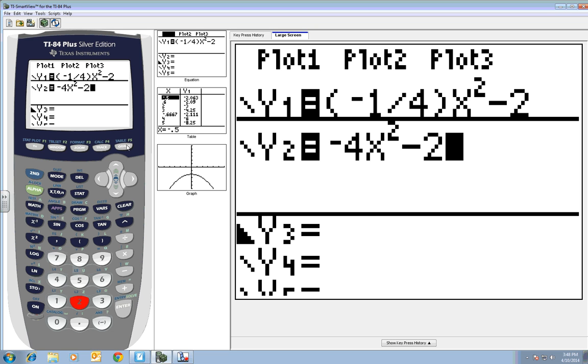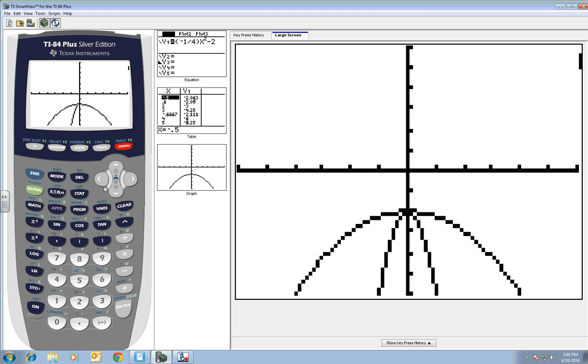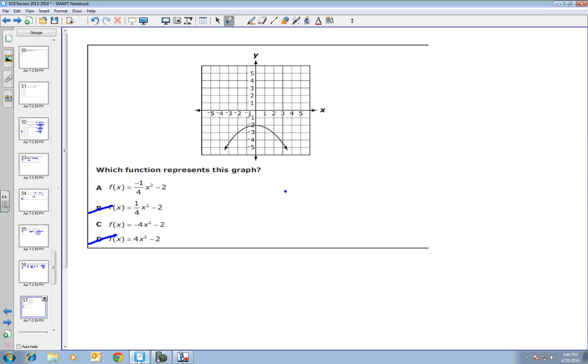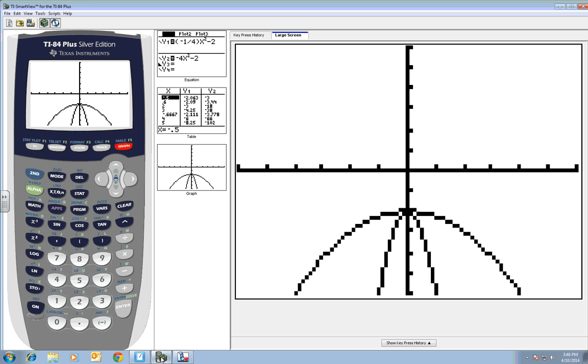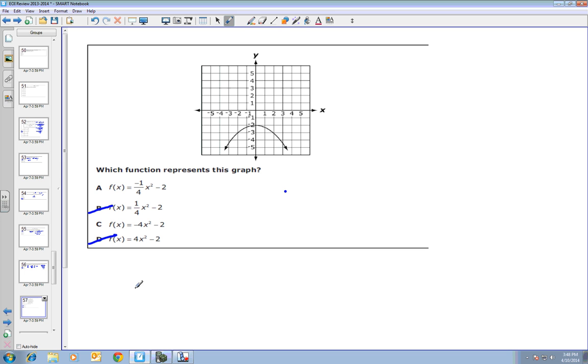And I'm going to look at the difference. There's my first one. There's my C. So obviously, graph A matches up with the graph that they have. Okay, so looking at the two, my answer is A.